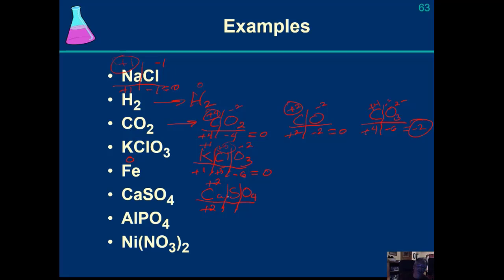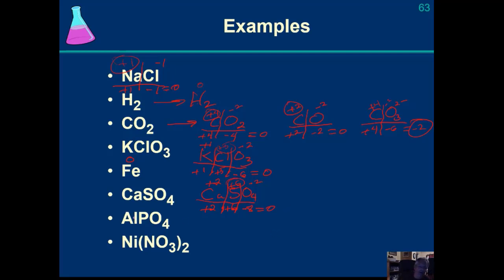All right, so here we go. And so oxygen is more electronegative than sulfur. It gets its charge of -2. 4 times the -2 is -8. Everything has to add up to 0. I've got a +2 on the calcium, so that makes this +6. So sulfur is a +6 in this compound.